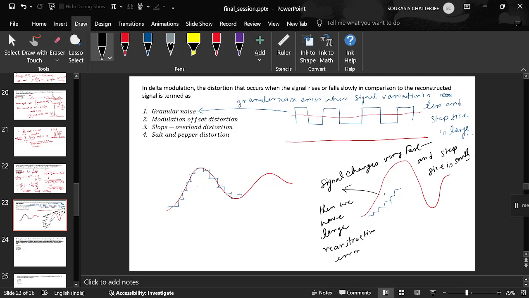You can see there is a huge gap between the original signal and the reconstructed signal. So this is known as slope overload distortion, and this happens in the opposite case of what is mentioned in the question. When the signal rises or falls slowly, you get granular noise. But when the signal rises or falls very fast in comparison to the reconstructed signal, then you will have slope overload distortion.